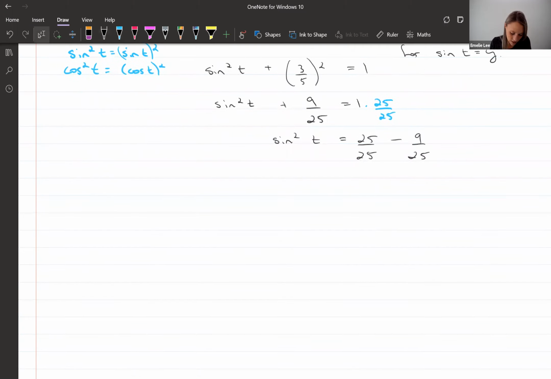So sine squared t, 25 minus 9 is 16 over 25, right? Subtracting fractions, I have to have a common denominator, and in this case, it's 25. So now, if I need to solve for sine t, I can take the square root, remembering that when I take the square root, I get the positive and the negative result, right?